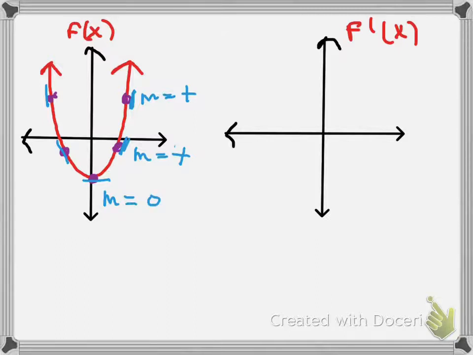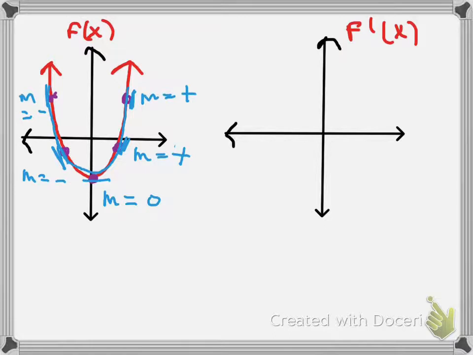What kind of slope is over here at this point? Well, it looks like a negative slope. What kind of slope is at this top point? I'd say a negative slope. I know this looks a little bit messy now, but my graph has negative slope, 0, positive slope, positive slope.